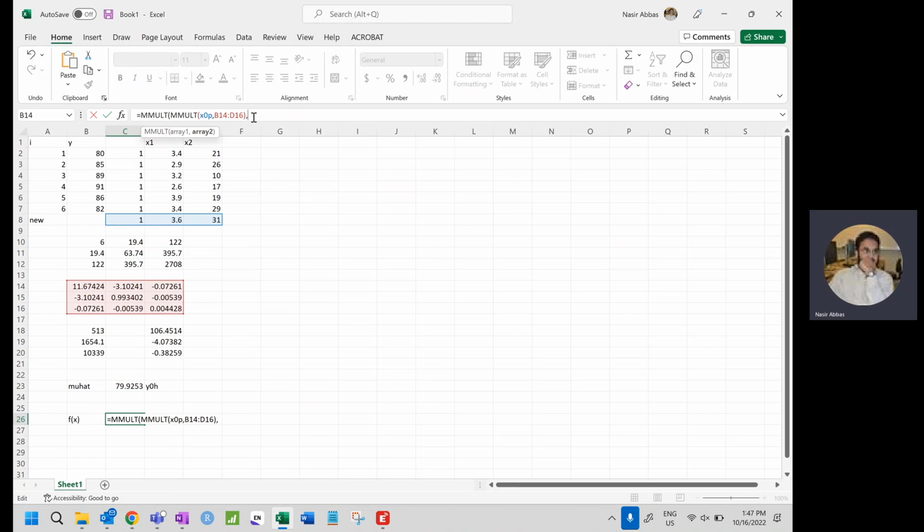But I know if I take the transpose of the transpose, I'll get X naught back. So I'll take the transpose of the transpose of X. X naught prime, another prime will give me X naught. So this is that 0.761 something, the quantity I need.